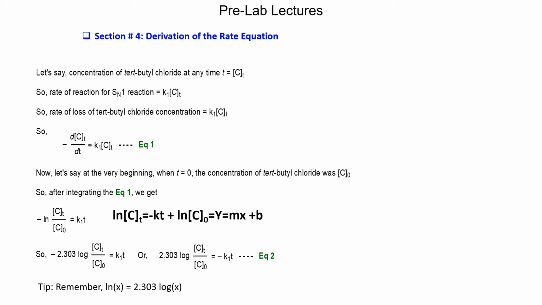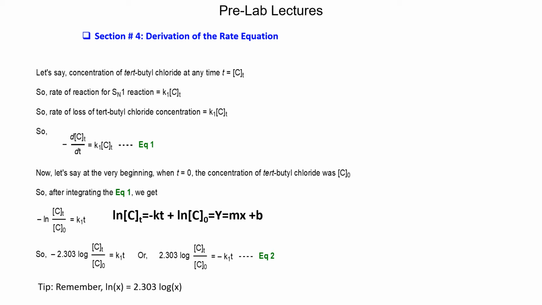If you rearrange this, you will have ln of the concentration at time t equals minus kt plus ln of the concentration at time 0, where the initial concentration transfers across the equal sign.